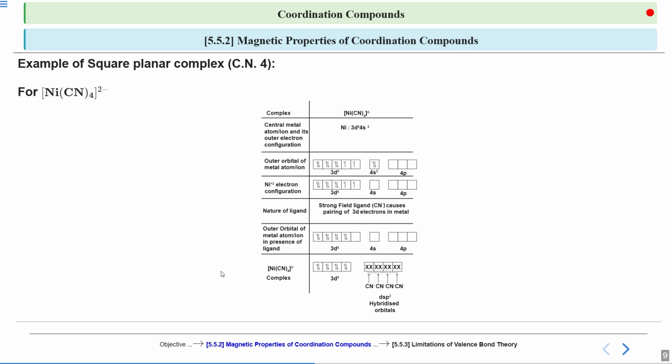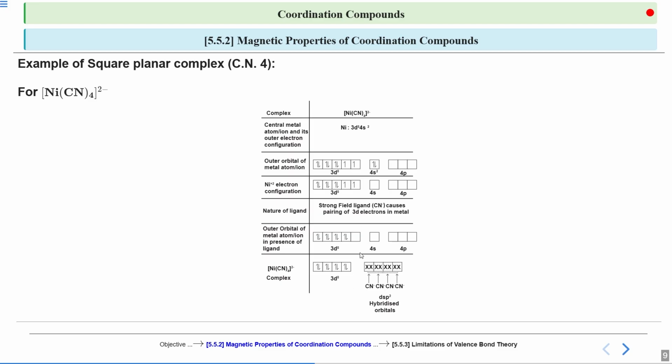Now the complex is [Ni(CN)4]2-. The coordination number is 4, which means 4 ligands are going to bond with the nickel metal. For that we need 4 empty metal orbitals.